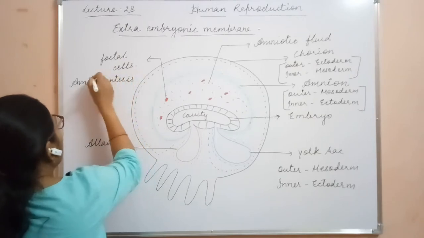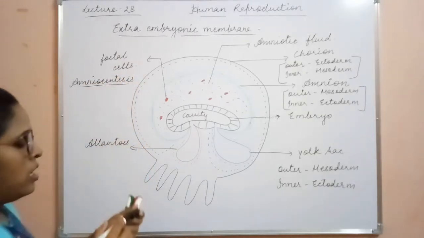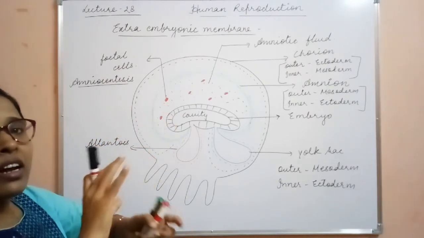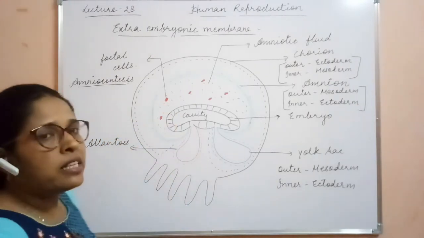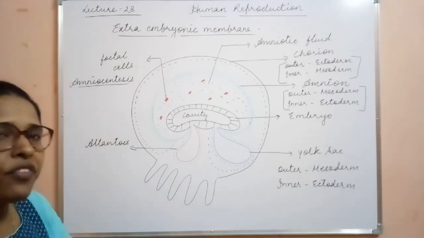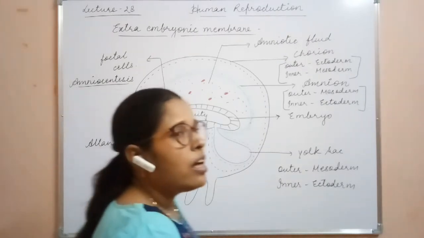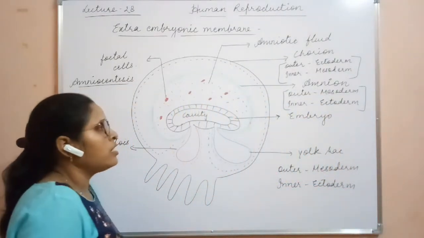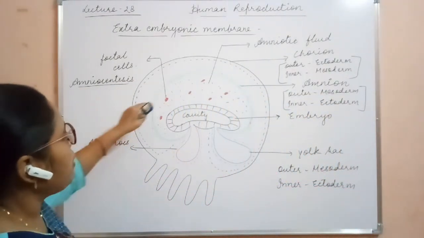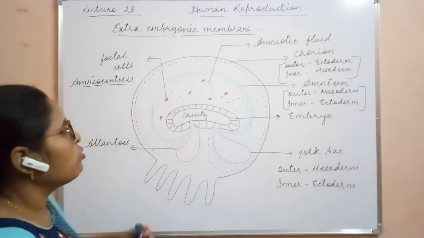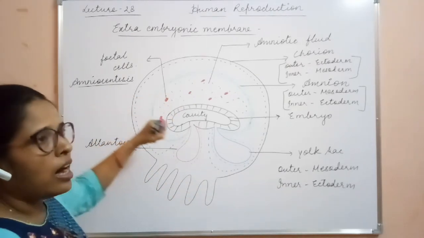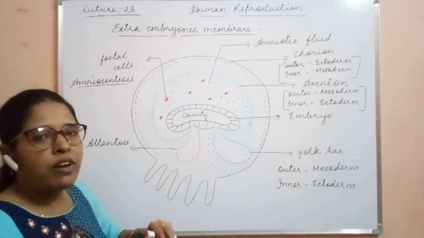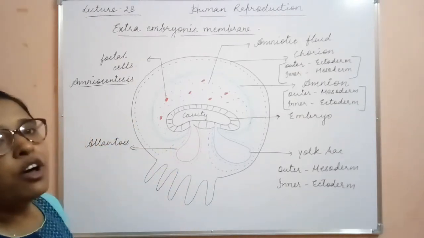In this amniocentesis, we will diagnose whether the defect is present in the embryo or not. If the embryo is defective, then the pregnancy should be eliminated. That is called medical termination of the pregnancy. That's why some fetal cells are used for the diagnosis of defectiveness or the deformity in the fetus.